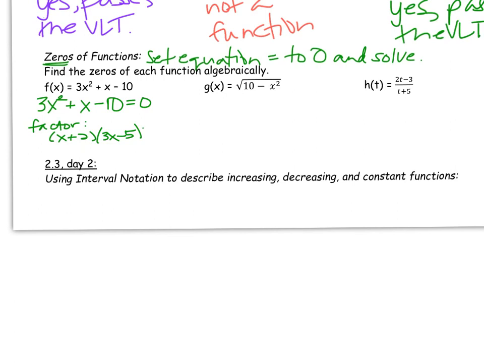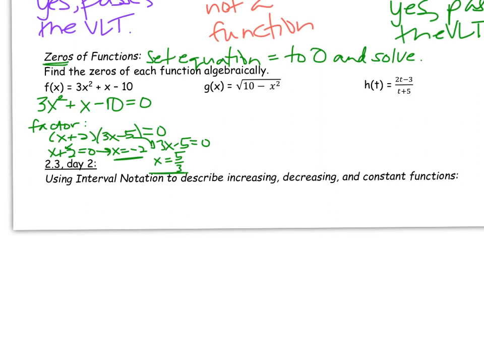Now remember, it does say it's equal to 0, so we would apply the zero product property. If we set x plus 2 equal to 0, we would get x equals negative 2. If we set 3x minus 5 equal to 0, we would get x equals positive 5/3 if we solved. So there are two zeros for that quadratic function.